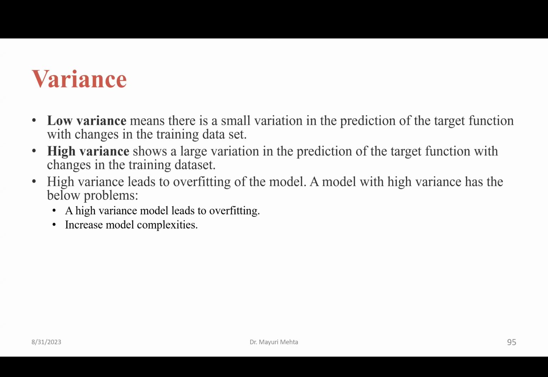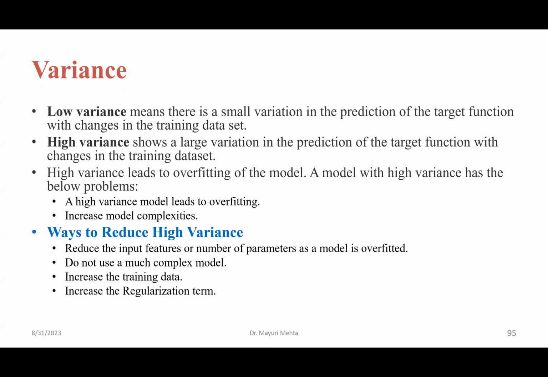A high variance model leads to overfitting and it increases model complexity. So these are the problems with it, and we can reduce high variance.